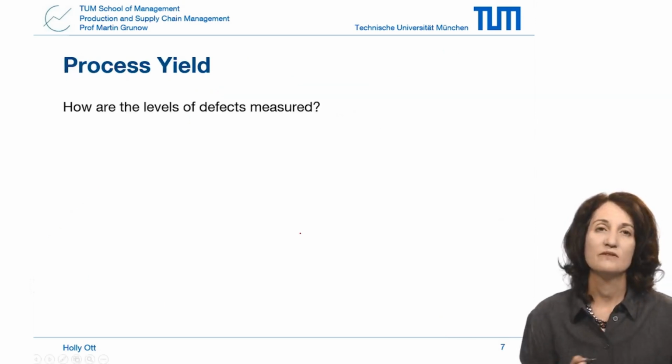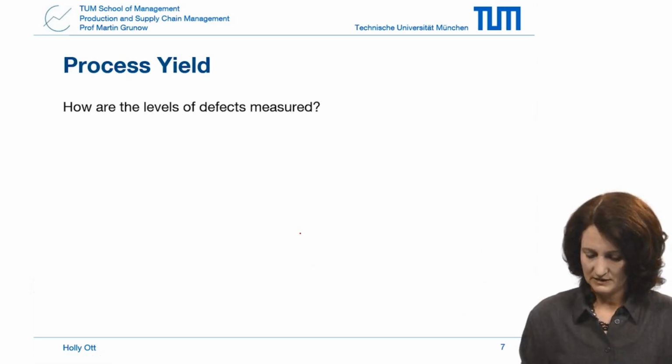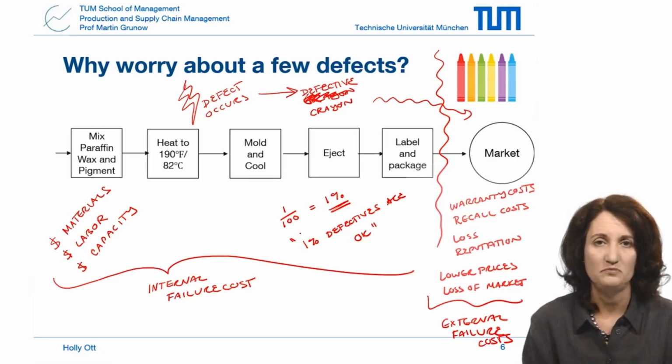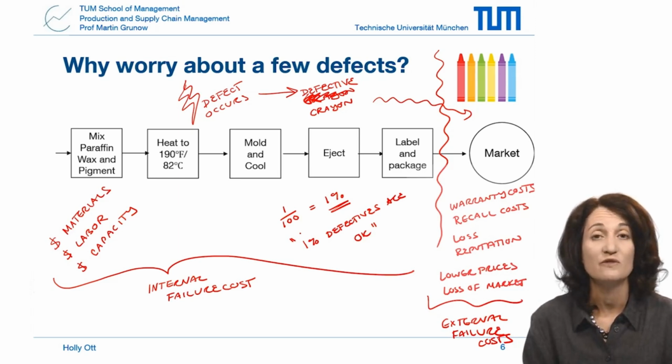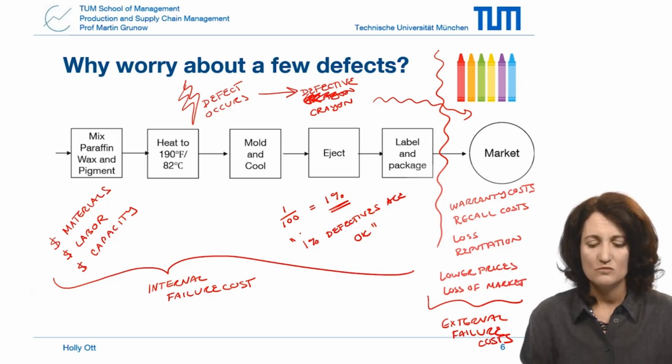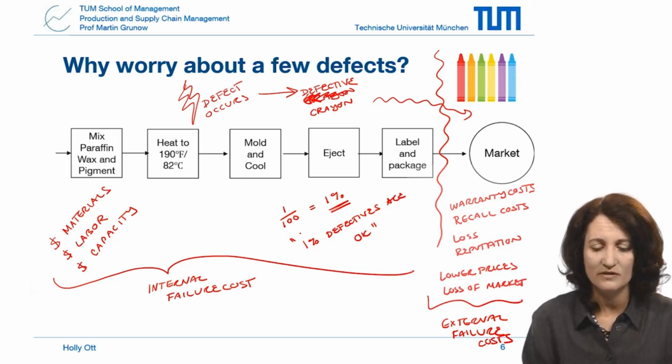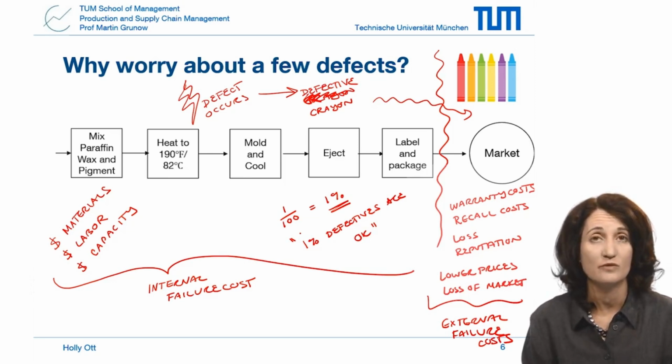And what we're going to see very soon is that even a small percentage of defectives can accumulate to very, very substantial failure rates for an entire process. And these are crayons. We just have a few parts. What if you have a very complex process? For example, as we said before, like a car.